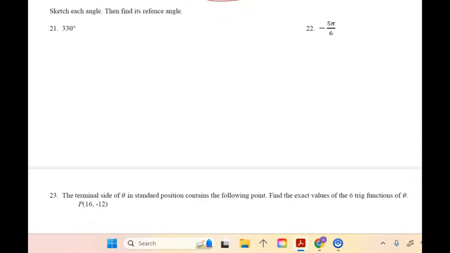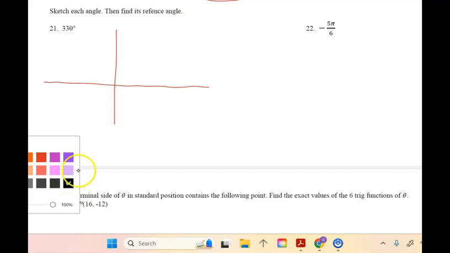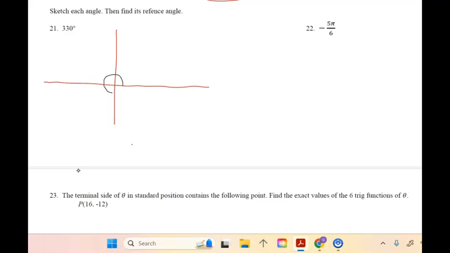Number 21, sketch each angle, then find its reference angle. So let's take a look. I'll sketch 330 degrees. So this would be 90, 180, 270, and it would be 30 degrees shy, of course, of going all the way around.